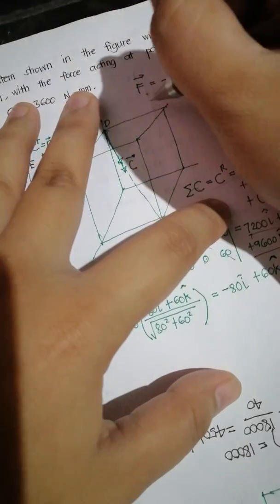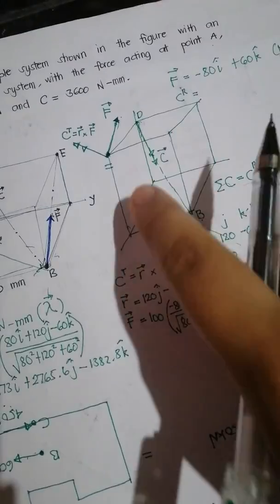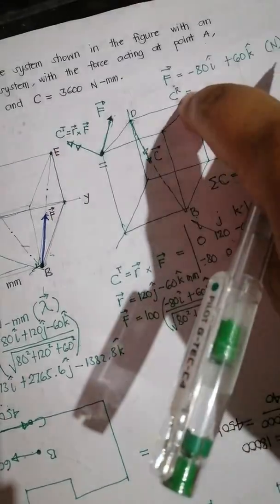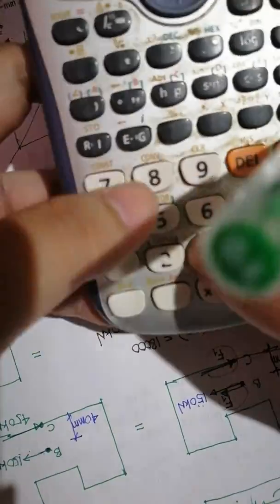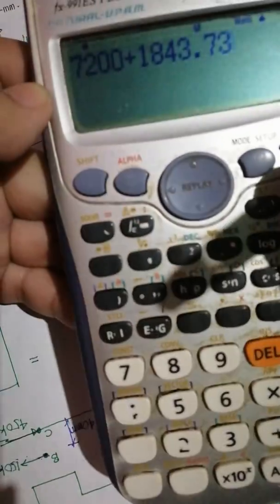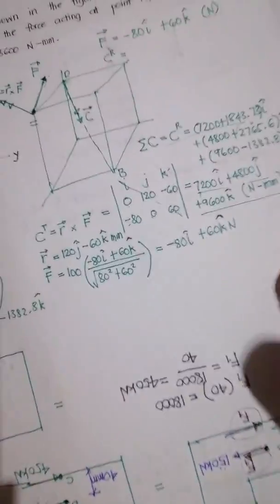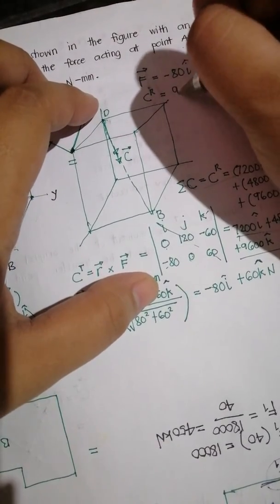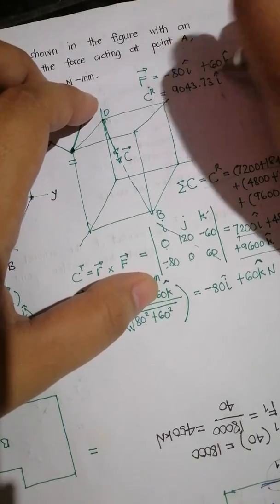Now we have the couple resultant. Having two couples, we get the resultant by adding the two couples. So this is the result. For i hat, 7,200 plus 1843.73 is 9043.73 i hat.